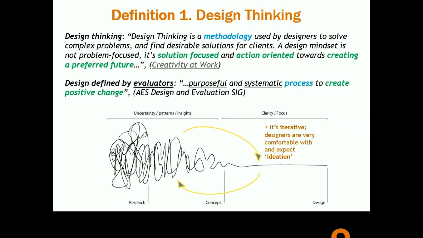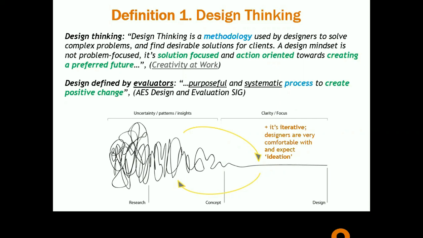So that's a definition from the design world, and I just wanted to quickly contrast that to our definition. At the start of the design SIG, we put it out to the members to ask what we thought design was, and we did a bit of coding and came up with this definition here, which was a purposeful and systematic process to create positive change. And I'll just highlight a couple of similarities there. So really design thinking in the blue there, it's a process.